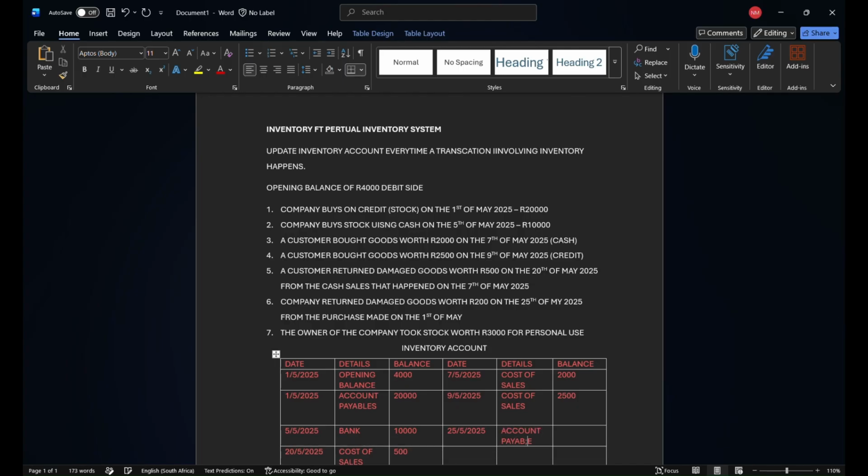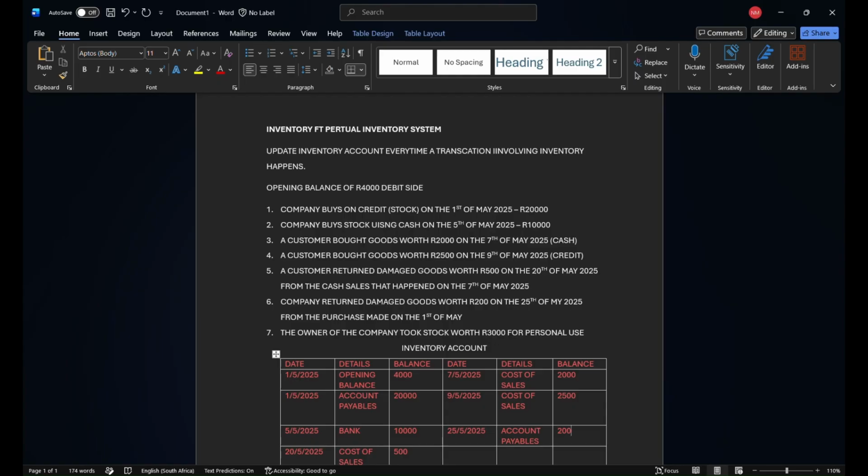We're reversing that transaction in a way, the one referred to earlier. So 25th of May 2025, account payables, and then you're going to put 2,000 under balance.